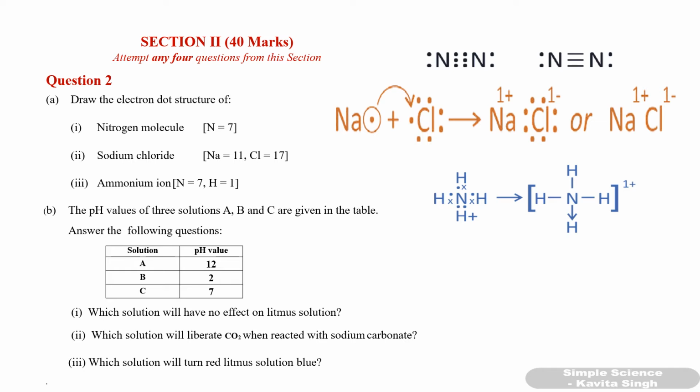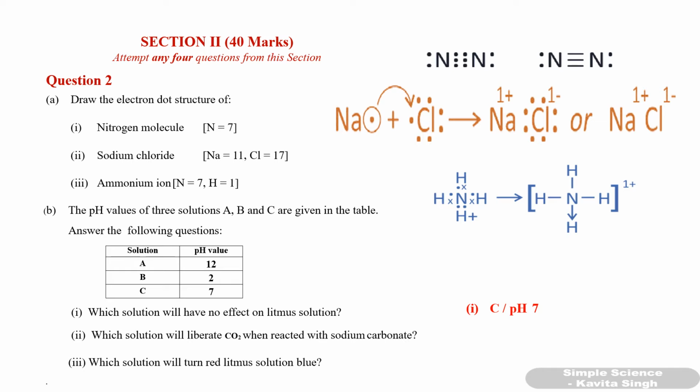Second question: the pH values of 3 solutions A, B, C are given in the table. Answer the following. A has pH 12, B has 2 and C has 7. Which solution will have no effect on litmus solution? No effect means it is neither acidic nor basic. So pH 7, so C will show no effect on litmus solution. Second one, which solution will liberate carbon dioxide when reacted with sodium carbonate?